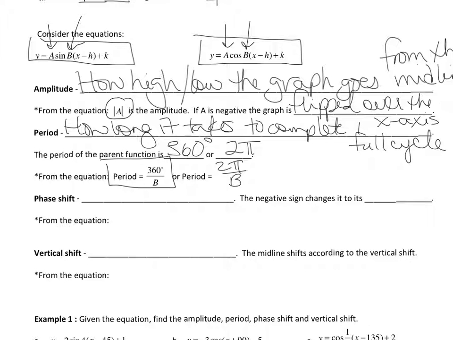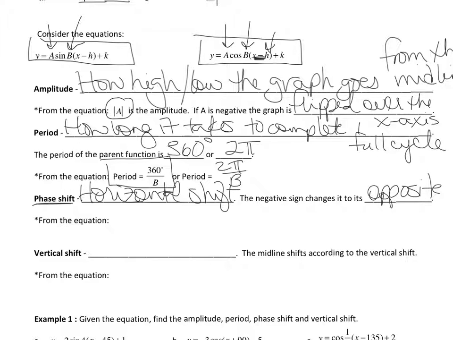Okay, now that leaves H and K. H and K deal with the translations. So the horizontal translation has a special name with periodic functions, and it's called a phase shift. It is just the horizontal shift. And you might remember with other functions, we've got this minus sign here in our equation that changes the shift to its opposite.